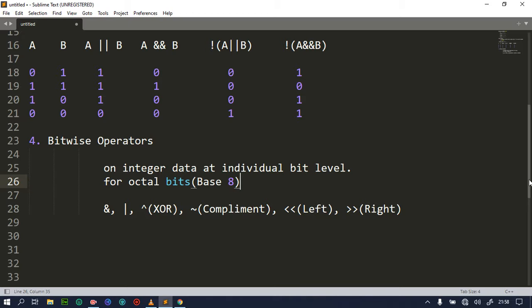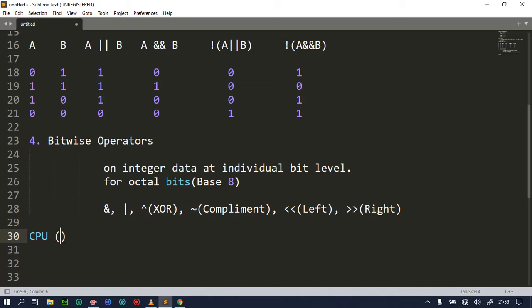Now these operators are necessary because when we are programming, remember I told you last time, the computer uses the brain, which is called the CPU, and inside the CPU we have quite a number of parts.